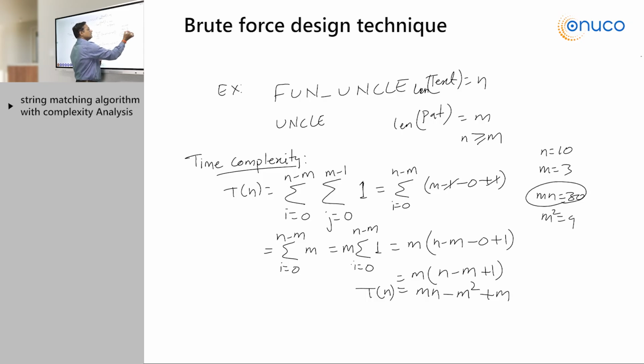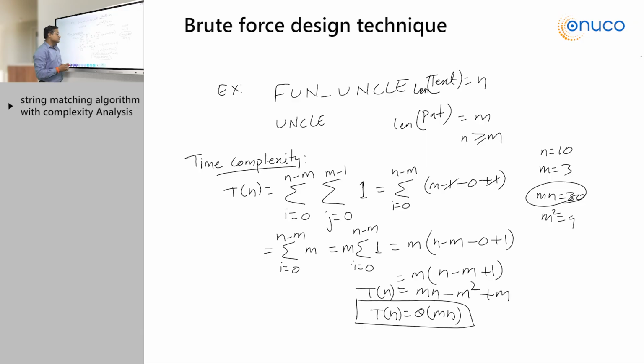So we can see that the mn value is greater than the m square value. In that case, we can say that the time complexity of the pattern matching algorithm is theta of mn, where m is the length of the pattern and n is the length of the text, right?